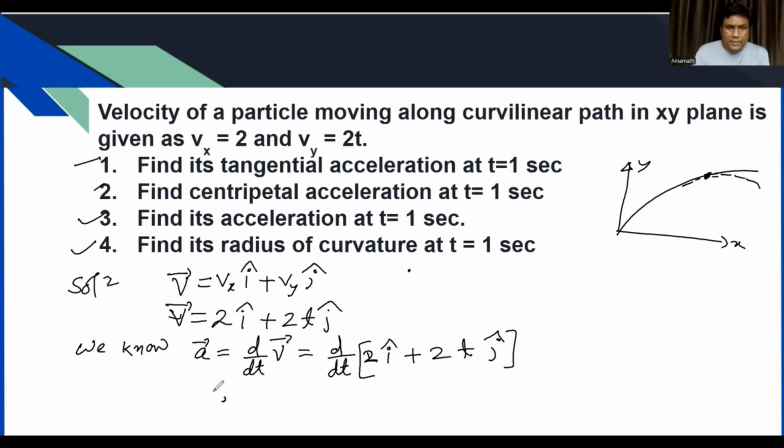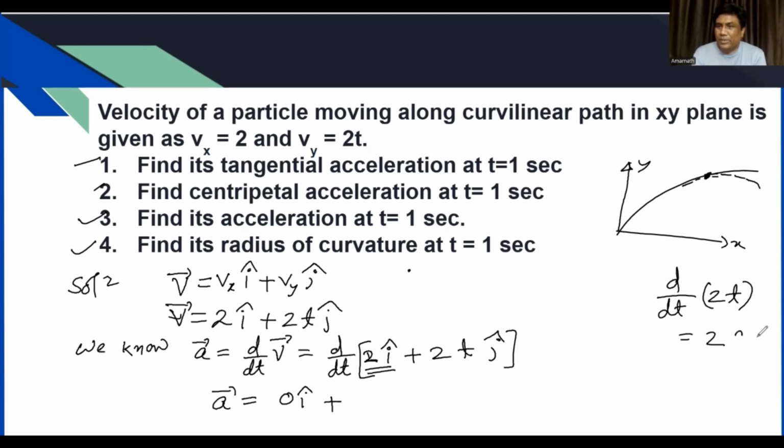Now you see that there is a constant term. 2 is a constant term only. What will be the differentiation of 2? It will be 0. i cap is just direction. 0 i cap means no component along x. Plus, what is the differentiation of 2t? d/dt of 2t is nothing but 2 only, because it will be 2 into dt by dt, and dt by dt is 1 only. So it will be 2 j cap.